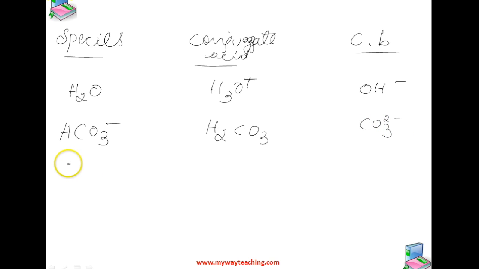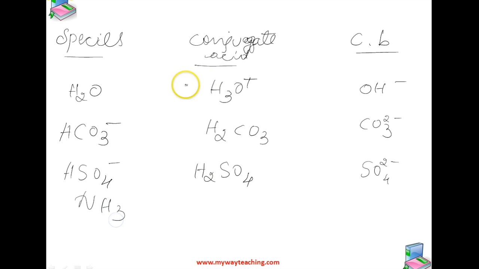Next one, HSO4 minus, this can be written as H2SO4, means one extra hydrogen you are adding. Here you are eliminating hydrogen, this is SO4 2 minus. Next, this is NH3, so here NH4 plus. Here you are removing, so this will be NH2 minus. Okay, so this is about conjugate acids and conjugate bases of these species.